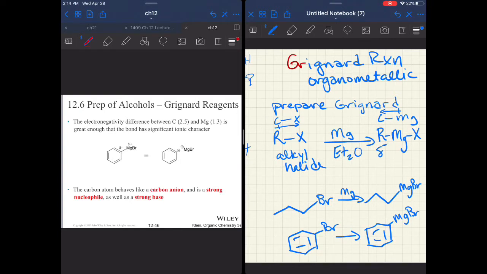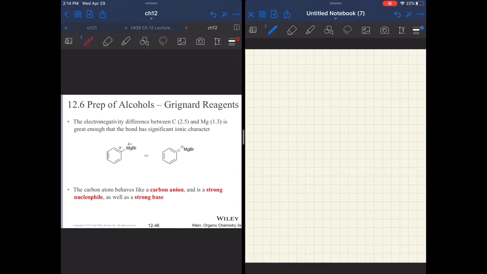Sometimes this may be drawn in one of 2 ways. You see this here. It is a metal and a non-metal, so you may see it drawn as more of an ionic bond. But you frequently will see it drawn with a covalent bond as well.